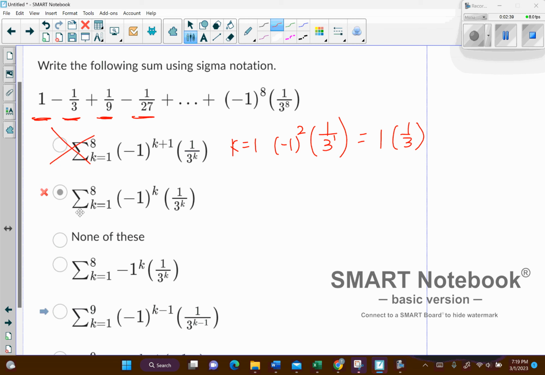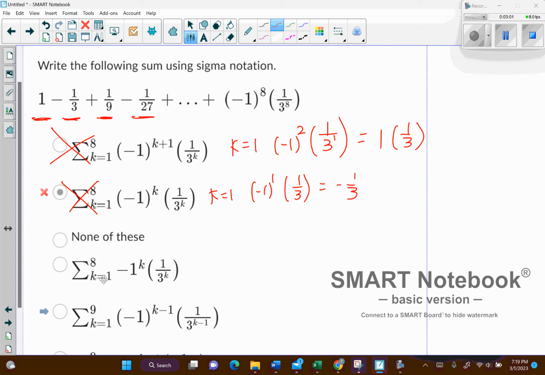And then let's see this one right here. If k equaled 1, I'd get negative 1 to the power of 1, but then I'd also multiply it by 1/3 again, and this time I'd get negative 1/3, and that's not what I want.